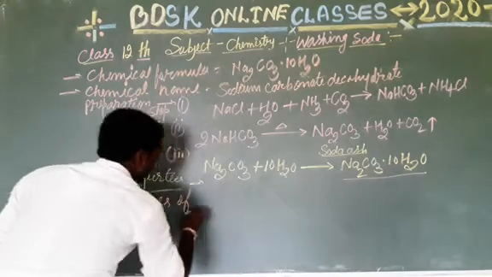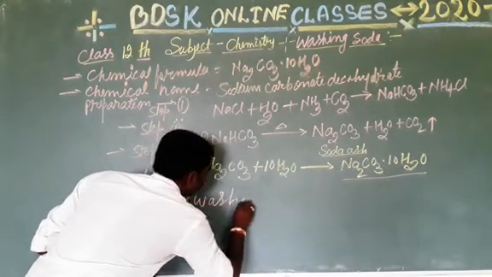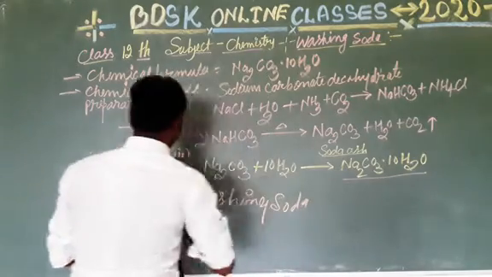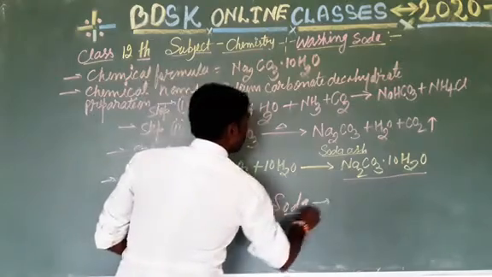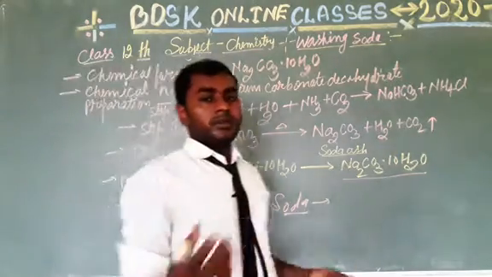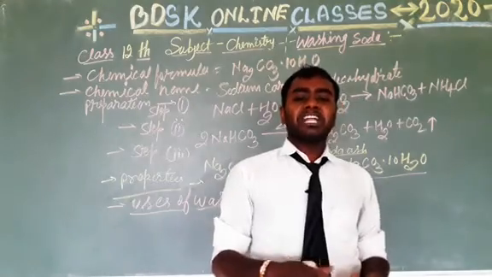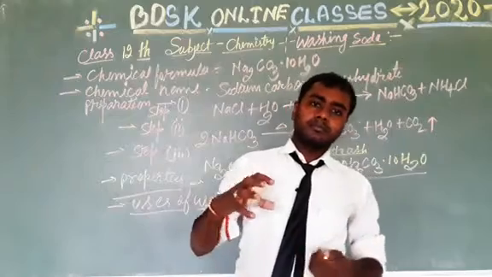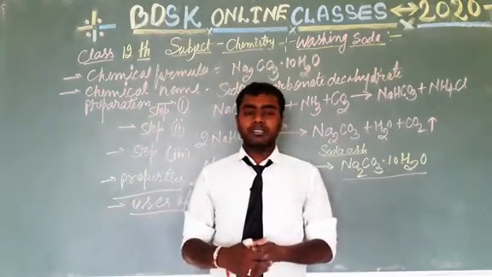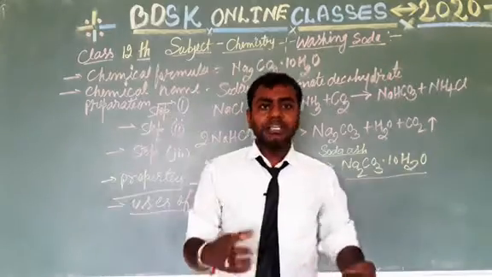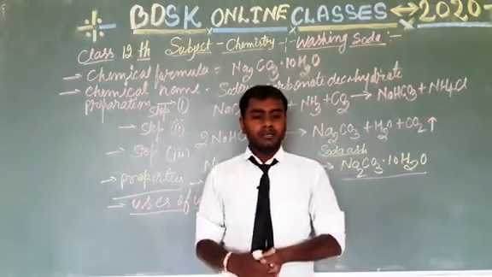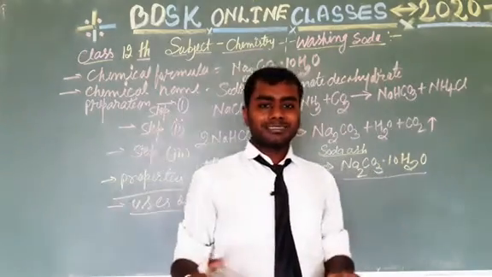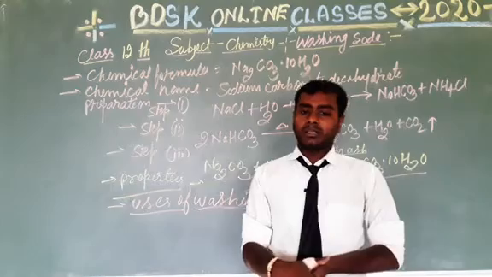And the next topic is usage of washing soda. Guys, you know that there is large usage of washing soda, means on a large scale we use washing soda, such as it is used as a cleaning agent to clean the clothes and other garments.